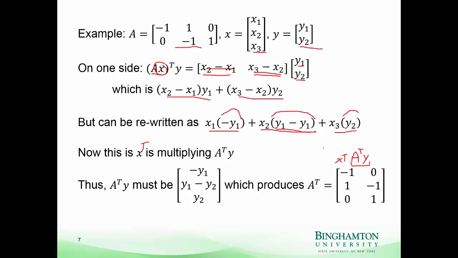And so therefore we can figure out what this result must be. So A transpose Y must have this as its first element, this as its second element, and this as its third element. And if we puzzle it out, putting a -1, 0 there gives me the negative y1. Putting a 1 and a negative 1 gives me y1 minus y2.